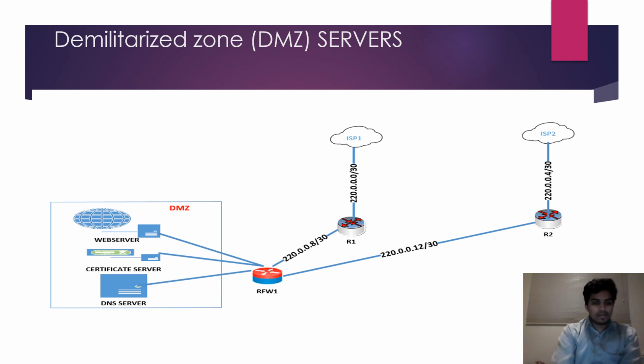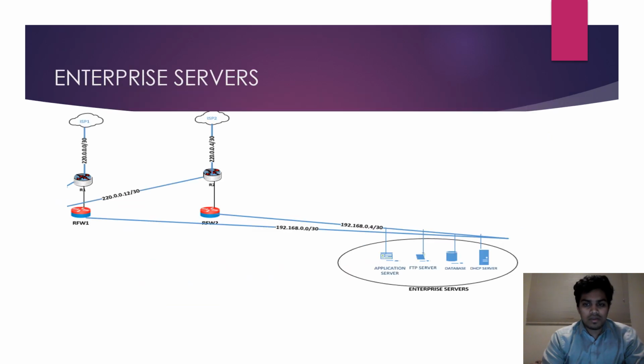The DNS server converts the request, resolving name to IP and IP to name. This DMZ is additionally protected with one firewall directly from the internet, and it is connected directly to the ISP, the public connection.